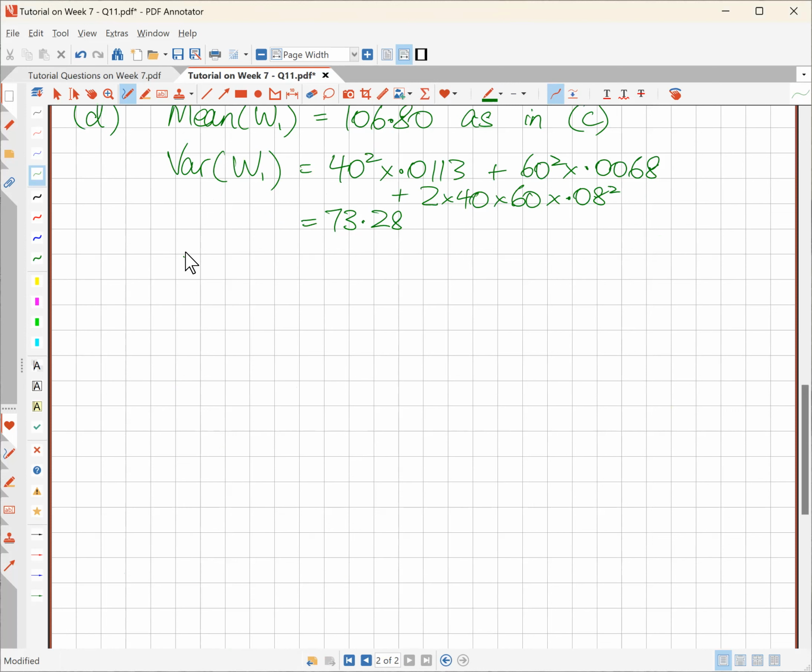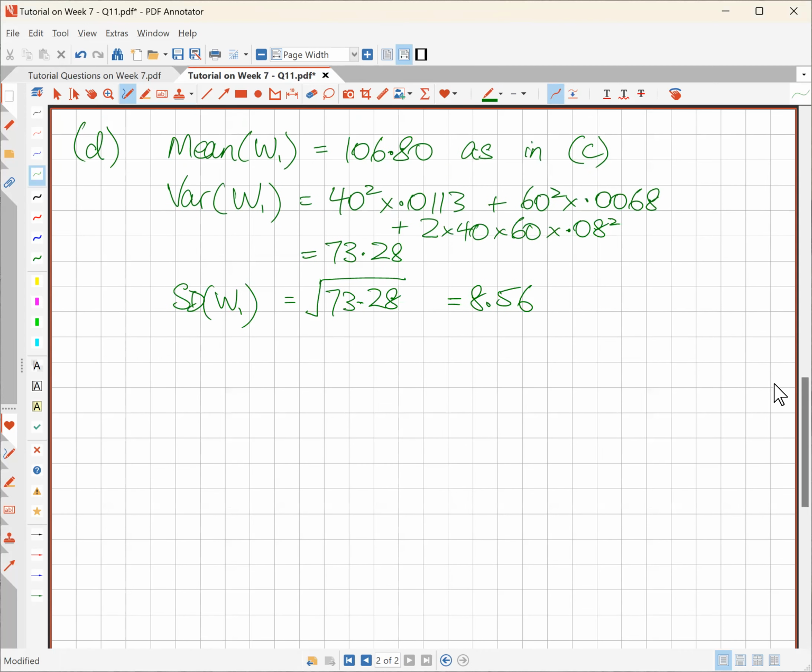And so the standard deviation for the final wealth at the end of the year is the square root of that, or $8.56. Okay, and we can note that this is a larger value than what we had before.